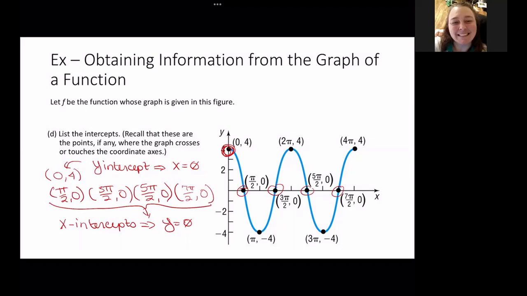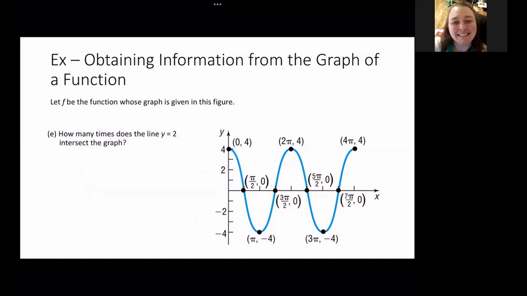We can also find that off of the graph itself. We only have a couple more things to look at. How many times does the line y equals 2 intersect this graph? y equals 2 is going to be a horizontal line through the graph. I'm going to attempt to make a straight line. It's not terribly straight, but we get the idea.